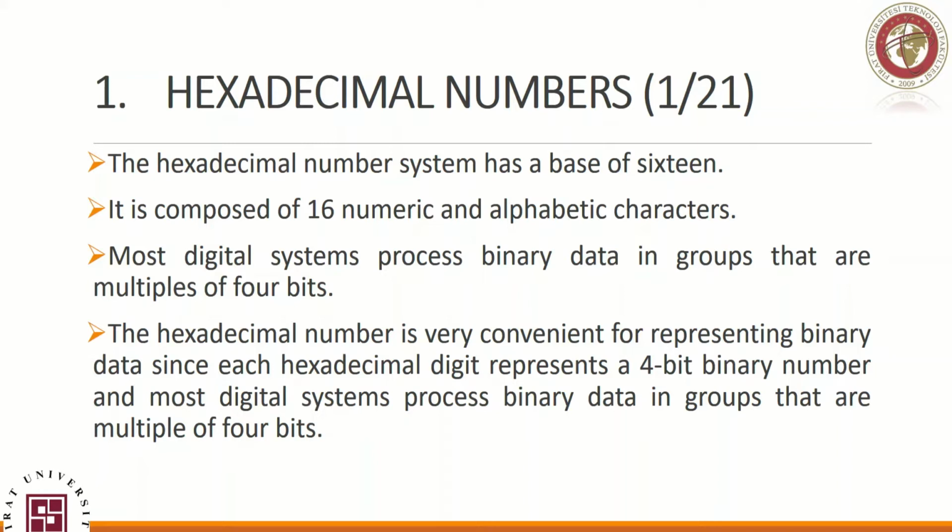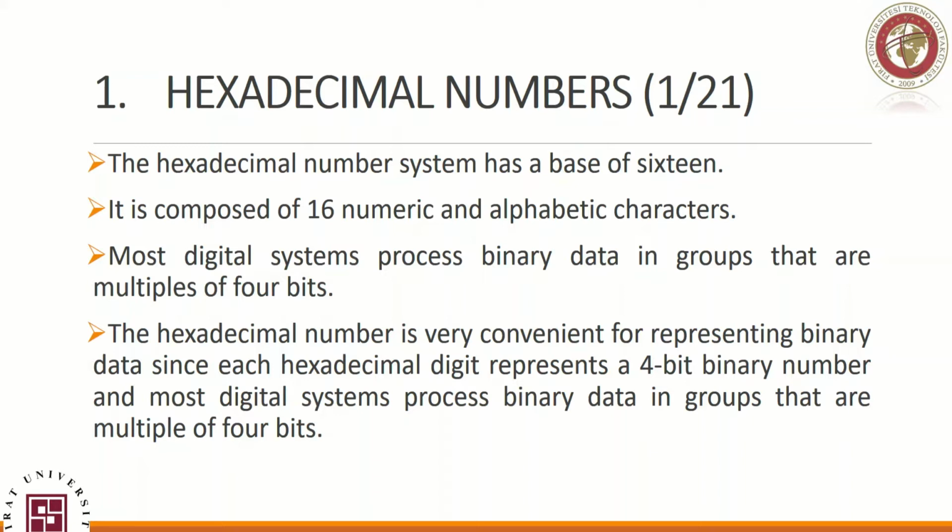One digit of the hexadecimal system is composed of 4 digits from binary. What does it mean? It means each and every digit of the hexadecimal numbering system is represented by 4 binary digits. So imagine, 4 digits, that means a big number in binary.